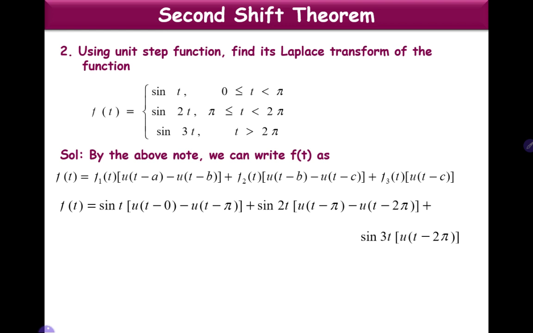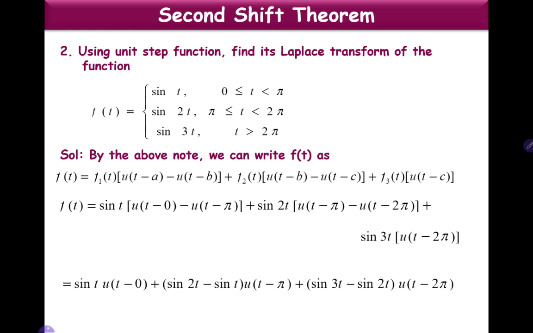So, if we multiply and simplify, we get sin t into u of (t minus 0) plus (sin 2t minus sin t) into u of (t minus pi) plus (sin 3t minus sin 2t) into u of (t minus 2 pi). Just rearranging the terms.